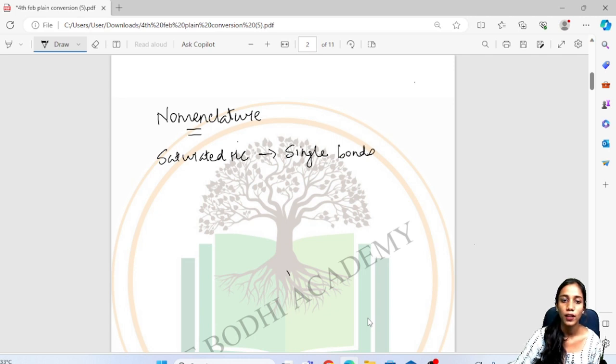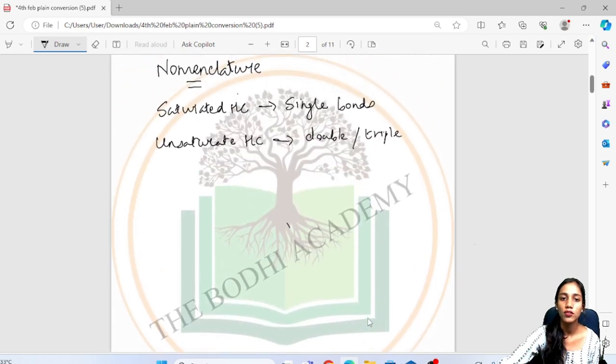Next are the unsaturated hydrocarbons, which have a double or a triple bond between the carbon atoms. Now we are going to study the different namings of saturated and unsaturated hydrocarbons. First of all, depending upon the number of carbon atoms present, there are different names. So we will do it one by one.